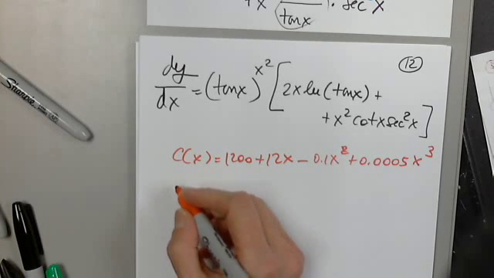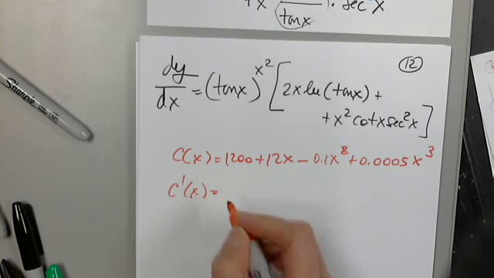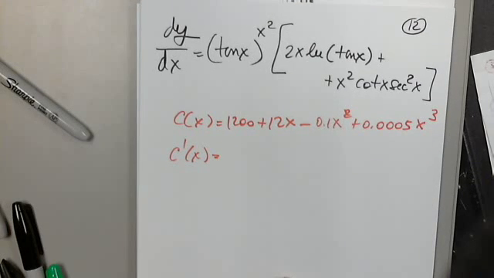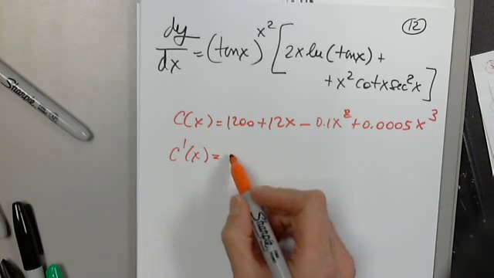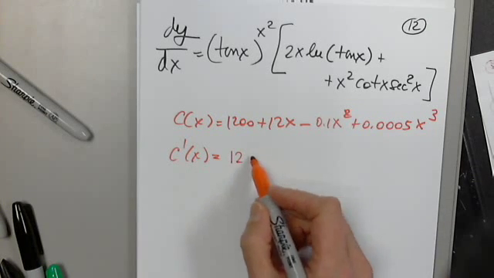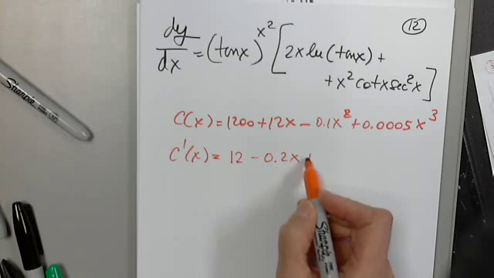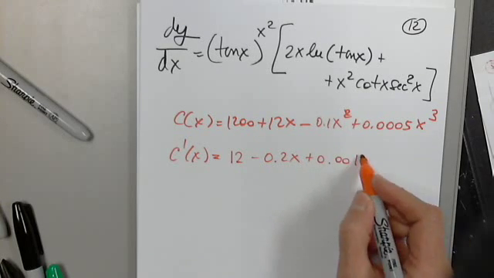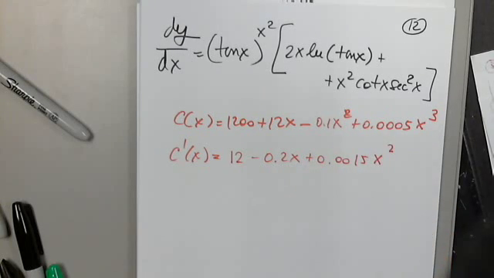So that will be C prime of x, which is 12 minus 0.2x plus 0.0015x squared. And this is the marginal cost.